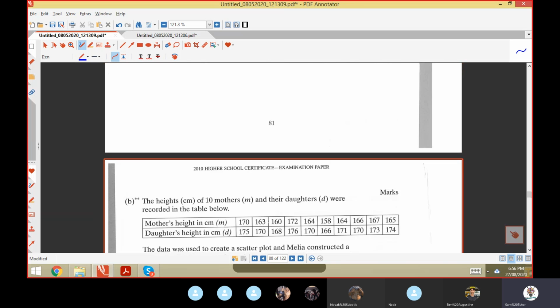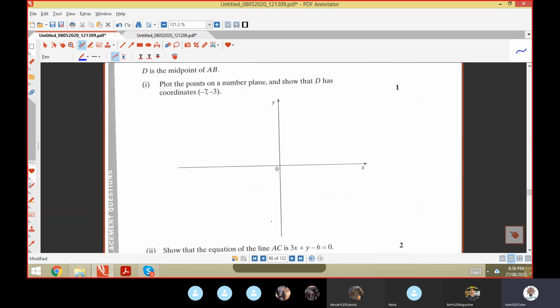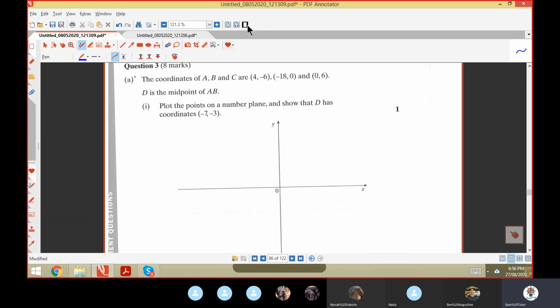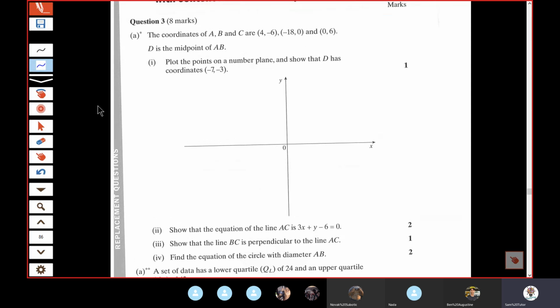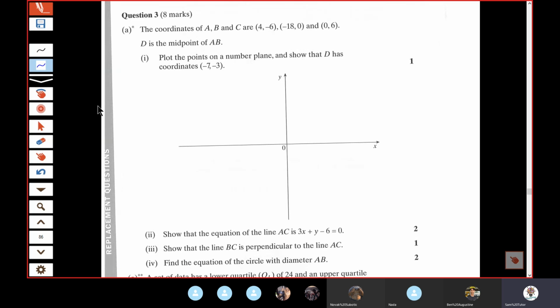No. All right, this question here, right at the beginning, that one right there. Yep, just plot the points on the number line. How good's that? It's worth 8 marks.